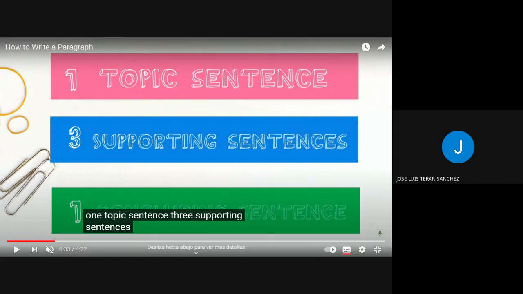Unless you are on WhatsApp, it's impossible to interact with the reader. So that's why you have to write supporting sentences, at least three supporting sentences. Three reasons for the existence of the topic sentence you're writing.